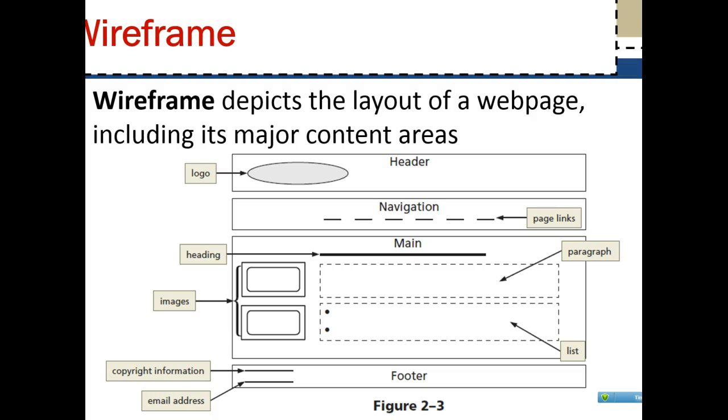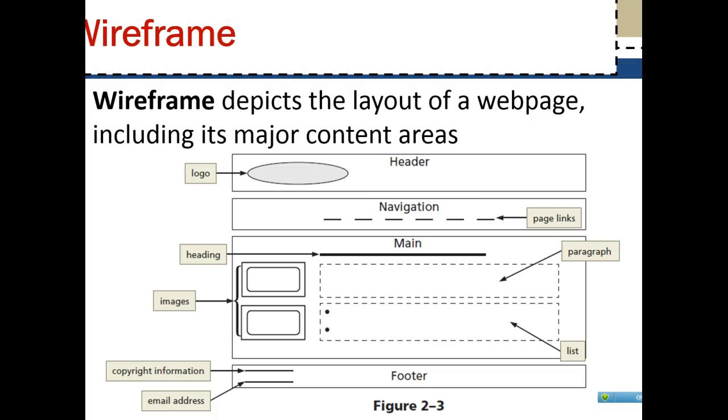And then you want to have some kind of easy navigation, so each page might have a horizontal line there. And then you're going to have your main page, and then your images, your paragraphs. Maybe you want to have a list of items in there, and then you want to have your footer section that has copyright information and an email address.